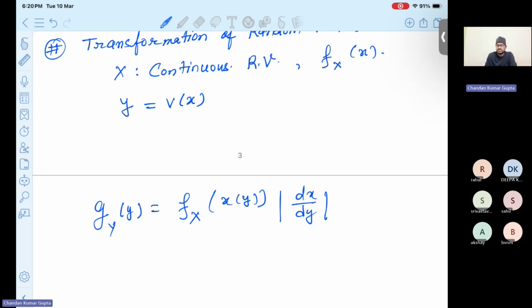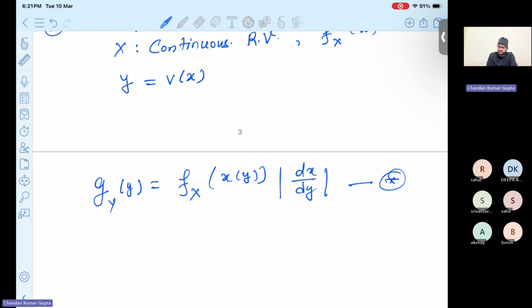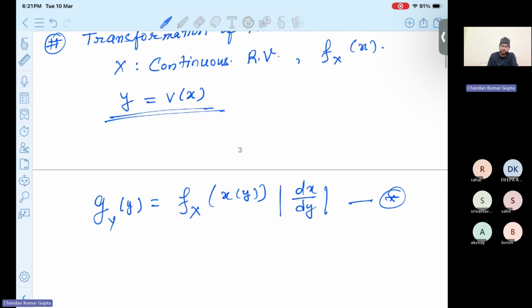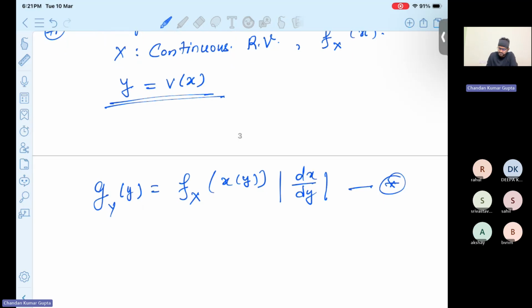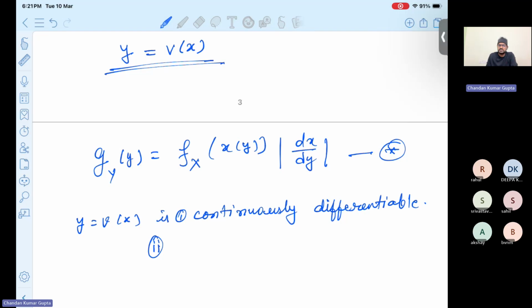This is the expression, the formula, by which we can calculate the PDF, the distribution of the transformed random variable y, when this function is continuously differentiable and non-decreasing or non-increasing in nature.